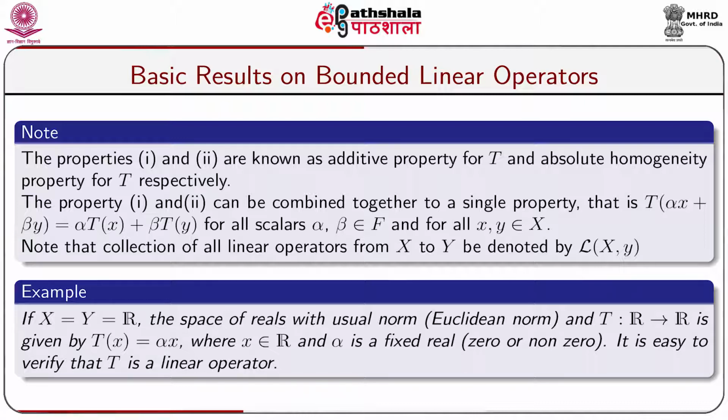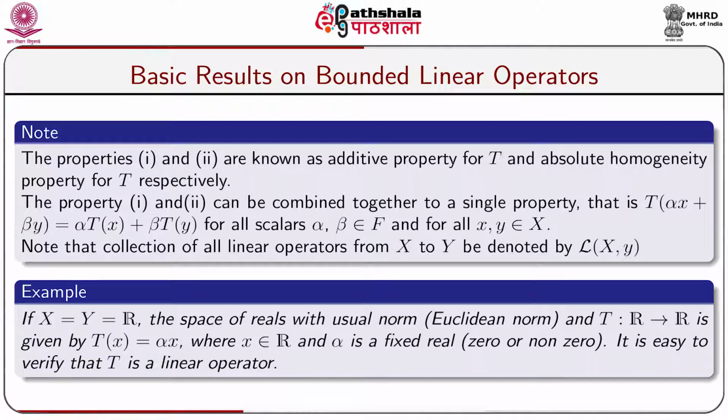Now, we take an example. If capital X is equal to capital Y is equal to the space of all reals, that is R, with the Euclidean norm, and define a function T from R to R given by T of x is equal to alpha x, where x is taken from R, that is the space of reals, and alpha is a fixed real, maybe 0 or maybe non-zero.